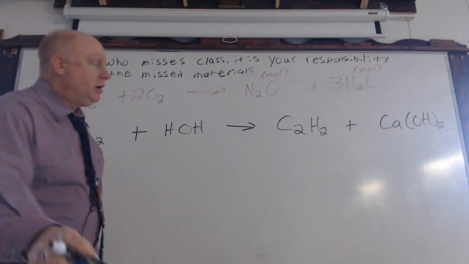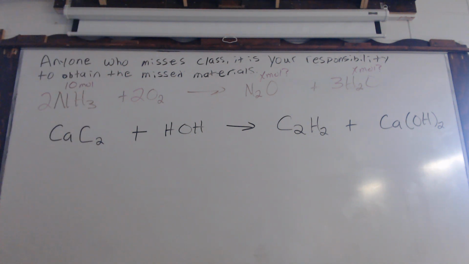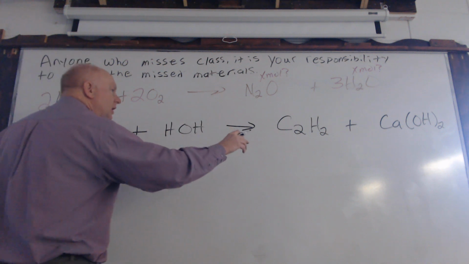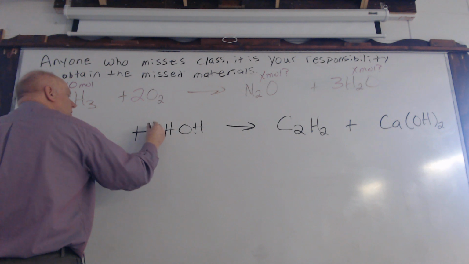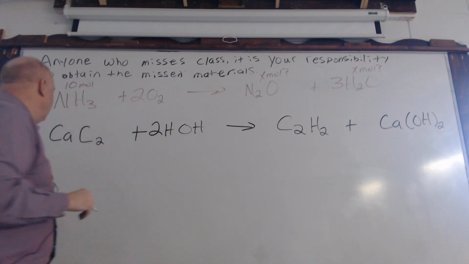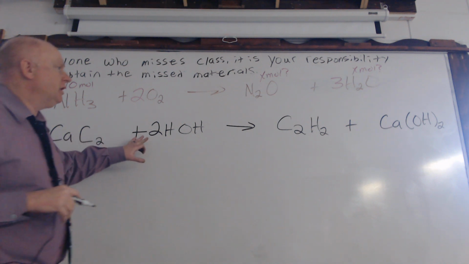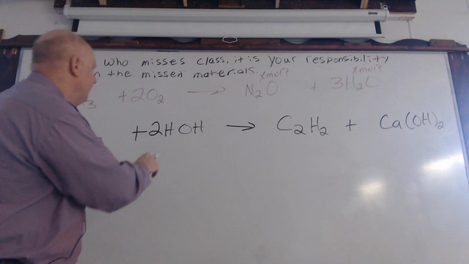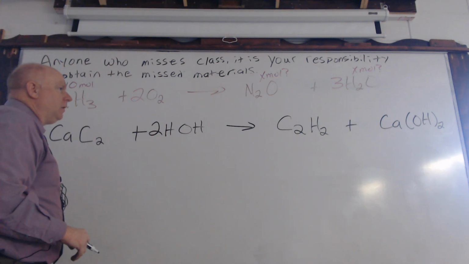All right. So the next thing you need to do, balance your equation. So if we rewrite this, you have 2 hydroxides over there and only 1 here. So once we put a 2 there, okay, we've got 2 carbons, calcium and calcium, 2 hydrogens, 2 hydrogens, 2 hydroxides, 2 hydroxides.